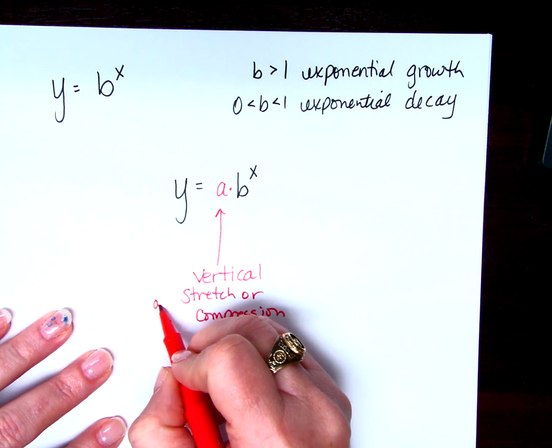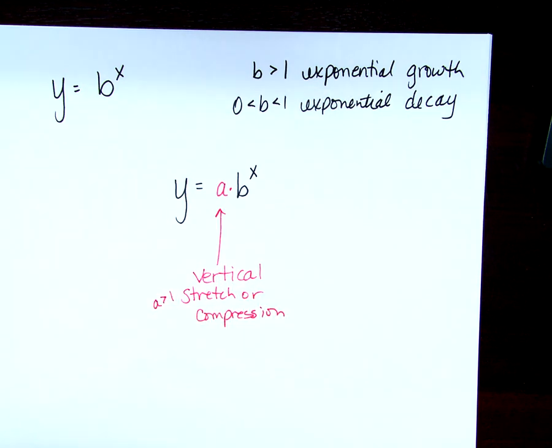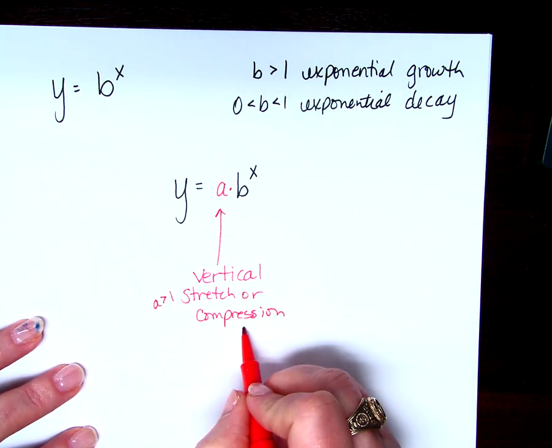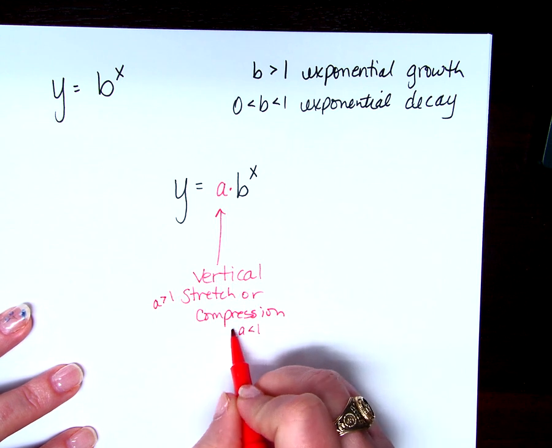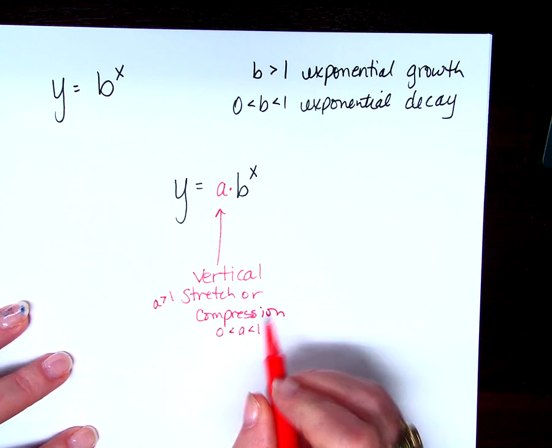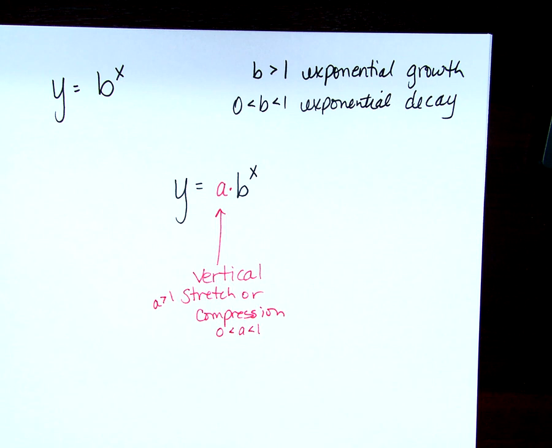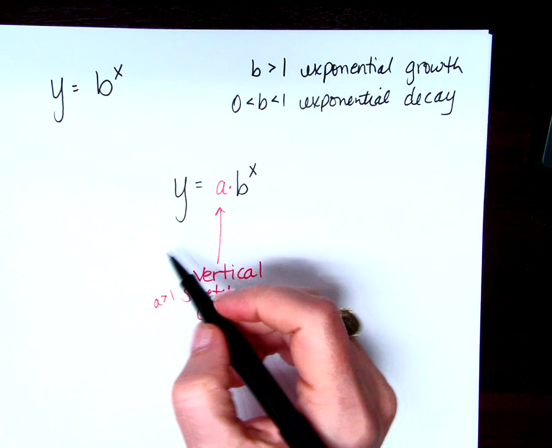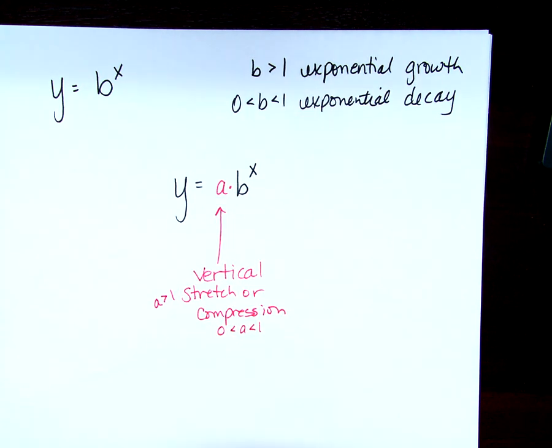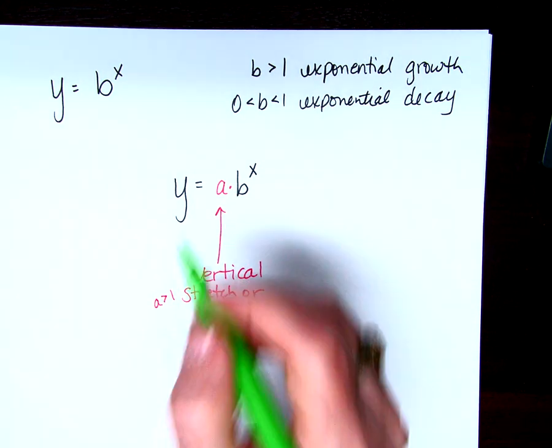What makes it a stretch? If a is greater than 1. What makes it a compression? Less than 1 or greater than 0. It has to be between 0 and 1, right? Because the other thing that you're trying to tell me at the same time, that you have forgotten about, that's okay because I'm reminding you, is if a is negative, right? Well, what if a is negative?